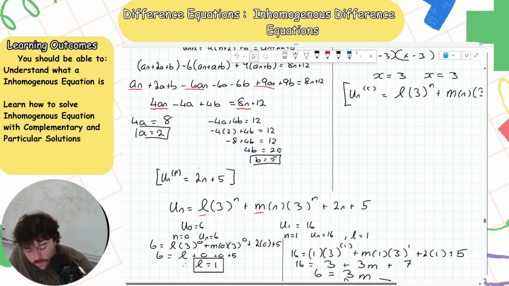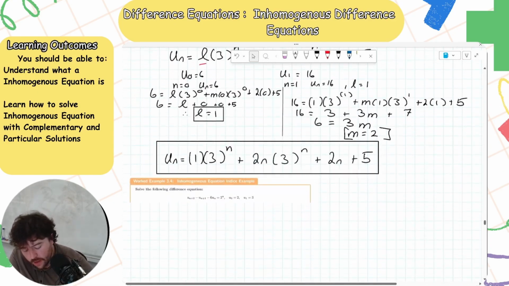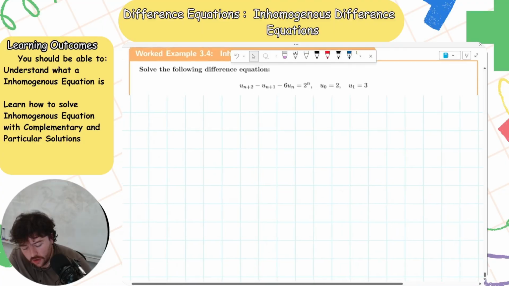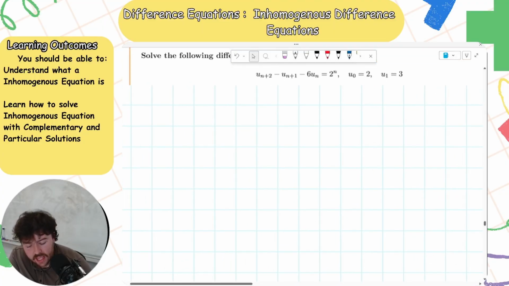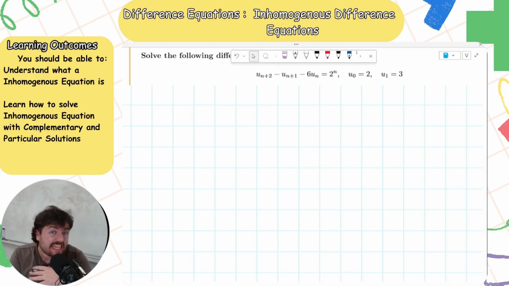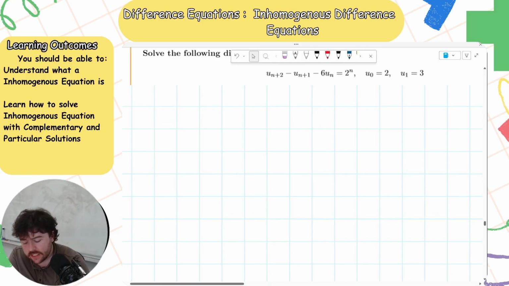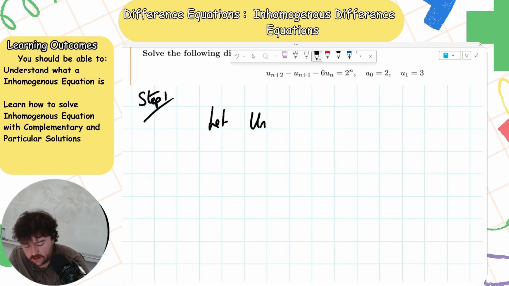Now, I'm going to do one more example here. But in this example, I'm going to look at when my inhomogeneous part is a power, like an index equation. So, step 1, let's find my particular solution. I'm going to let un equal a times 2 to the n, since my inhomogeneous part is 2 to the n.